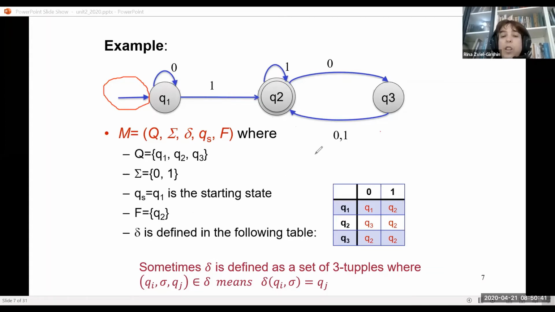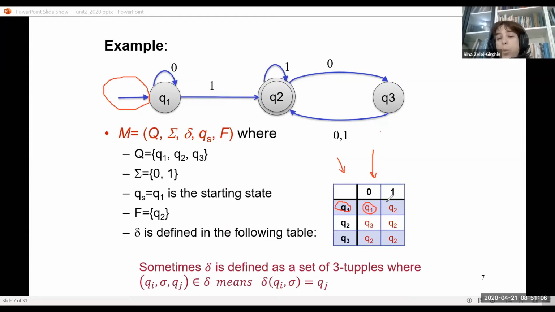And the transition function can be defined by a table. So let's look. We have a current state, let's take Q1 as an example, and an input letter, let's take 0. From Q1 with 0, I can see in this automaton that I stay in Q1. So here I can find the resulting state.